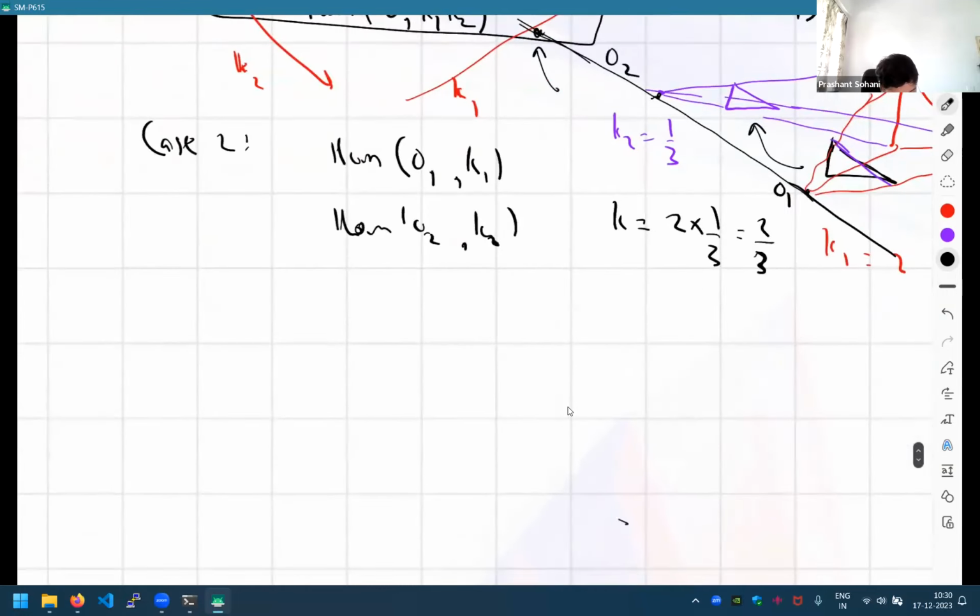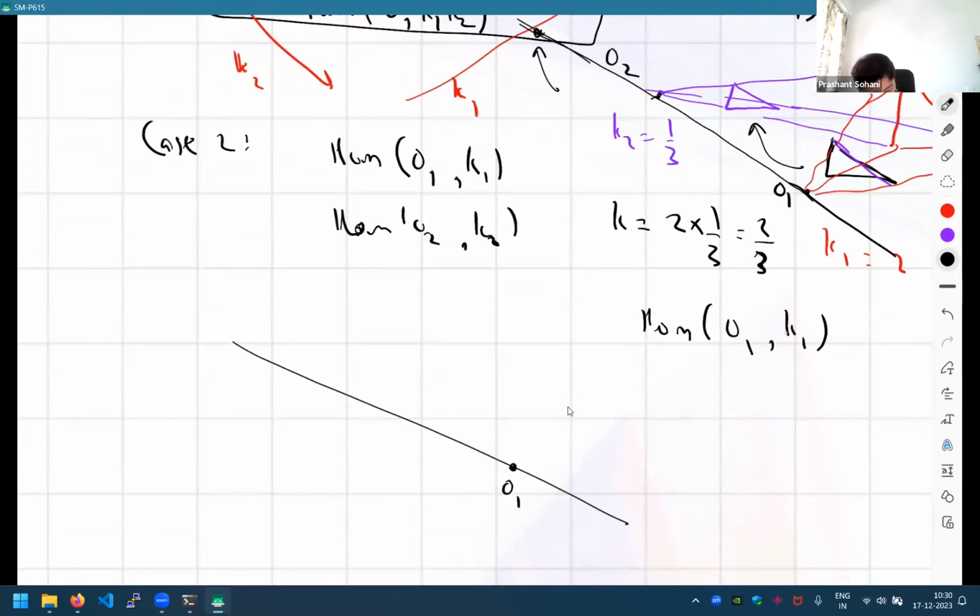Let me just draw the diagram again here. See, the important thing is the first transformation, right? The homothety around O1 with ratio K1. Let me just call it K1. So homothety around O1 with this ratio is going to transform the whole plane. In the above example I took one triangle, but I could take any object in the plane.